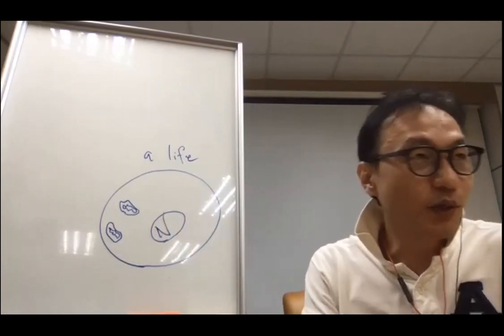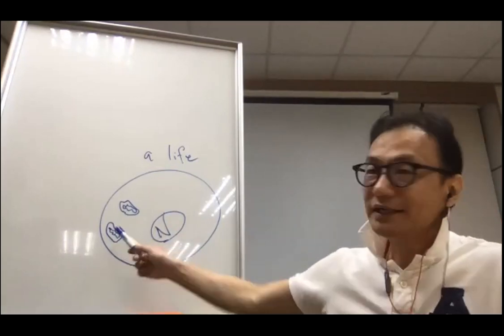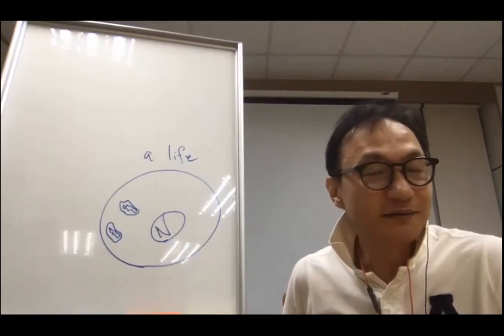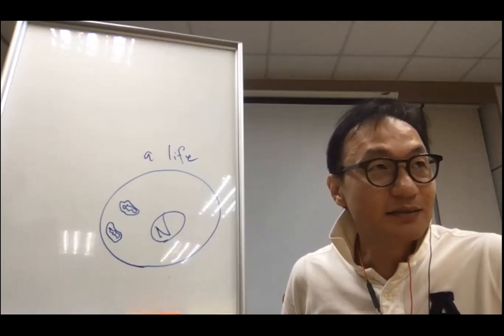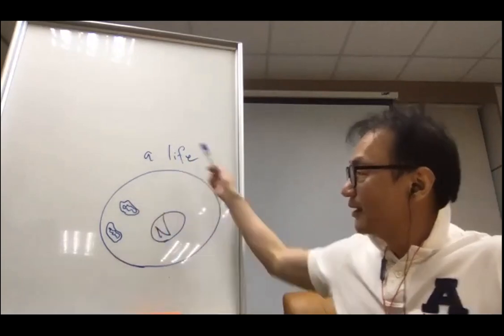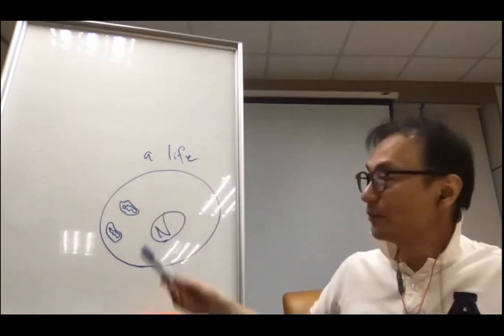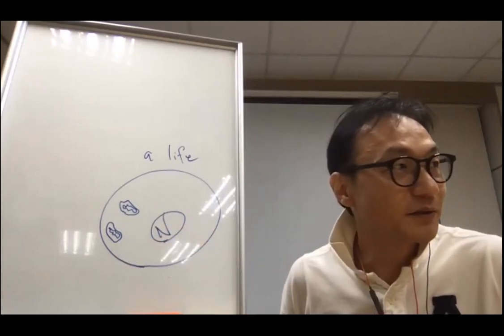Okay, let me ask you the question. Does the mitochondria have its own DNA? Yeah, the answer is yes, right? And you can also see that as the cells start to get mature, the number of mitochondria increases, right?